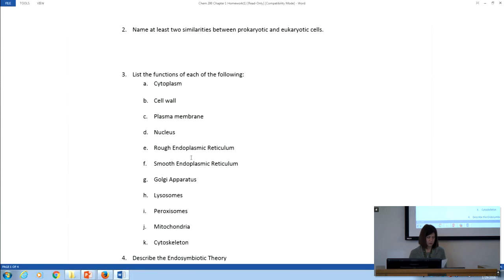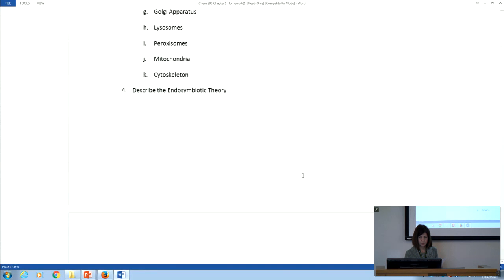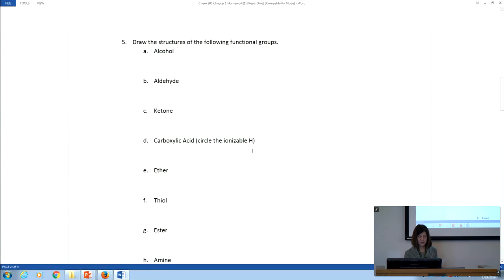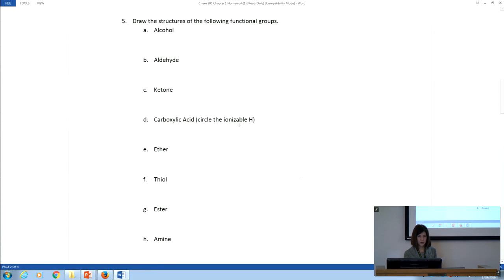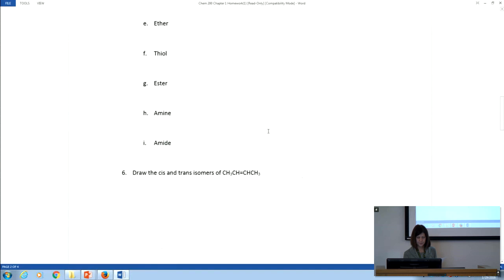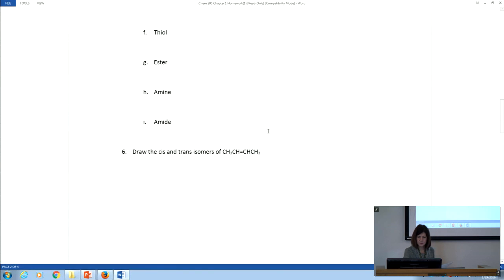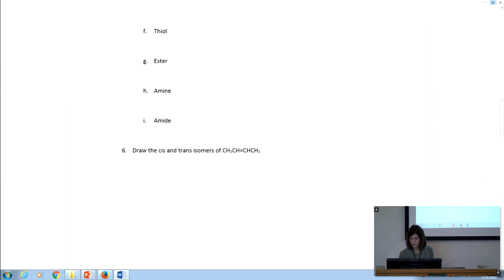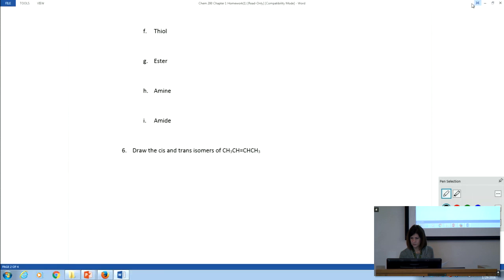You guys really need me to draw these structures. But the ionizable hydrogen, make sure that you know where that ionizable hydrogen is. Remember cis and trans. What did I do? I turned that on, right? Do that over.